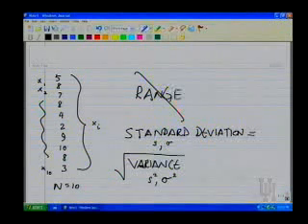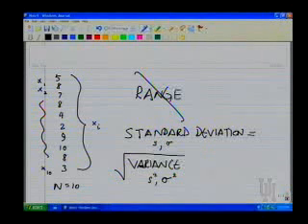There are just two things here. One is we're again distinguishing between population scores and sample scores. The notation for sample standard deviation is S, and for sample variance, S squared.